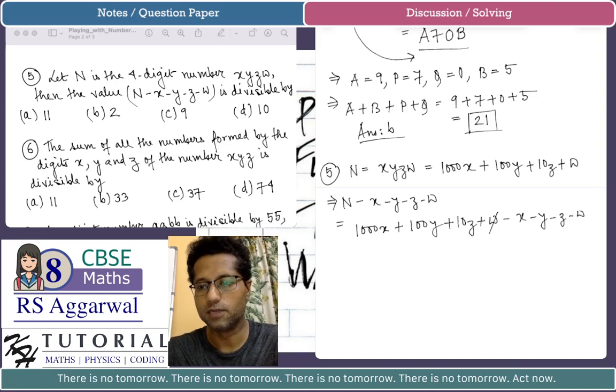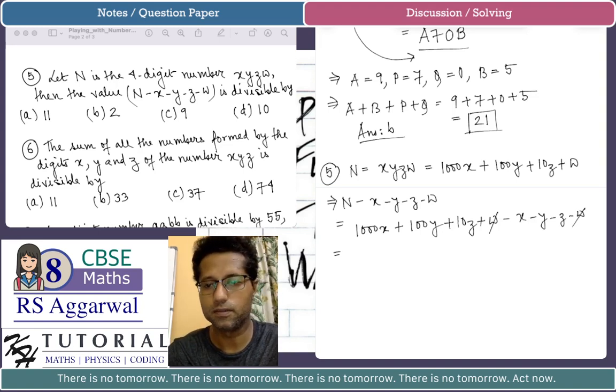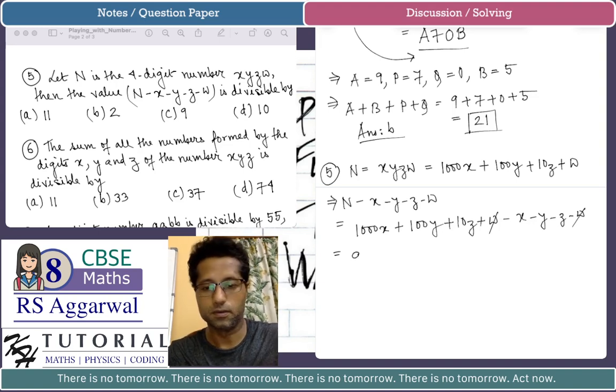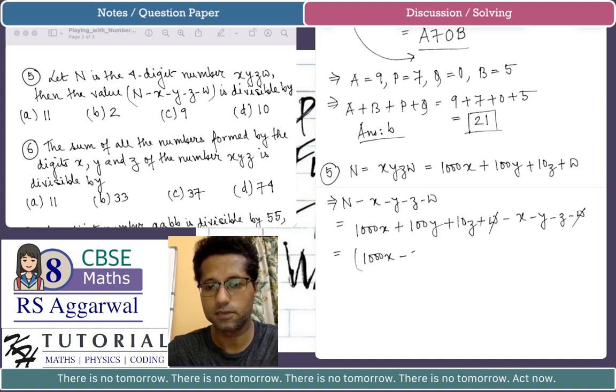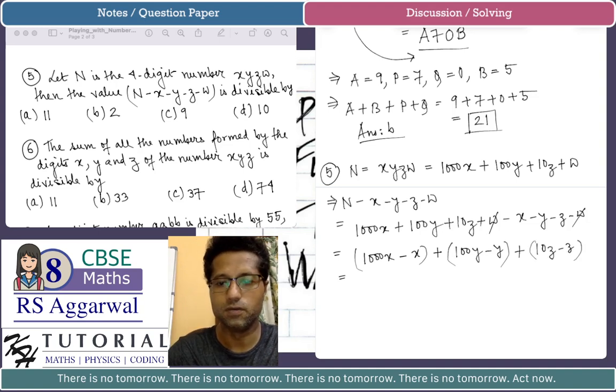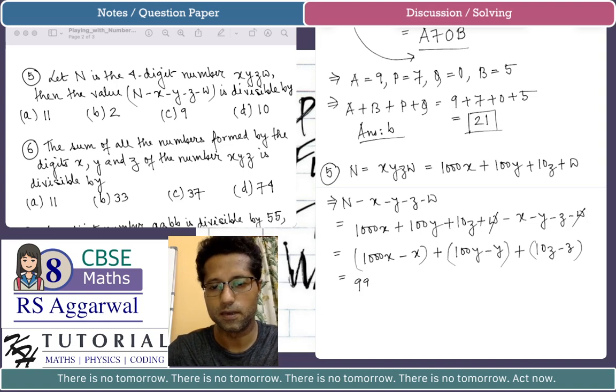So w cancels out, and we are left with 1000x minus x plus 100y minus y plus 10z minus z. This is equal to 999x plus 99y plus 9z.